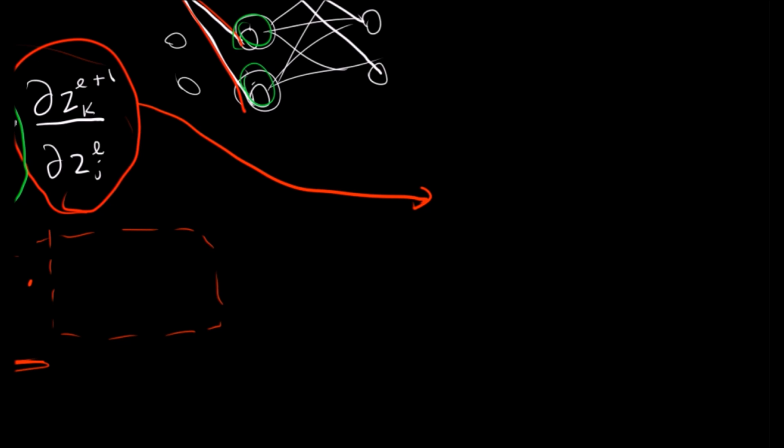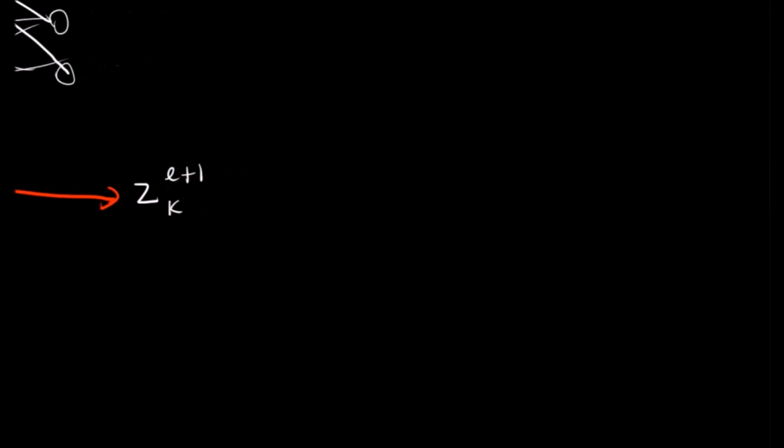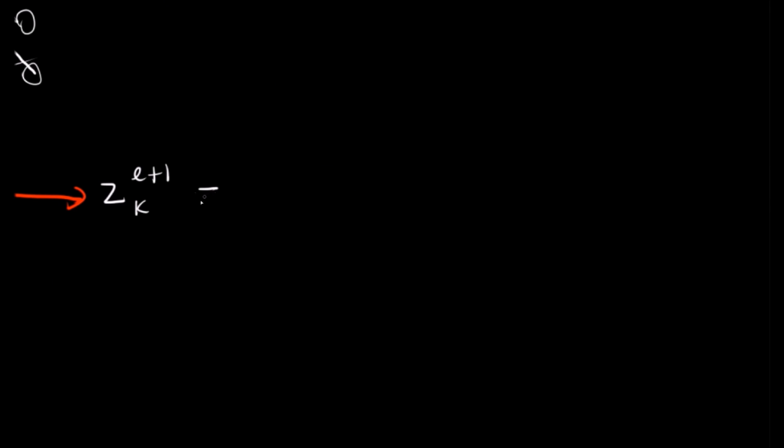So let's look at, I'm going to change back to white. Okay, let's look at Z^(L+1)_K really quickly. Let's look at what that is. From our previous definitions, I'm going to rewrite the equation for the activation in a certain layer J. We define this as the sum of all the previous neurons.